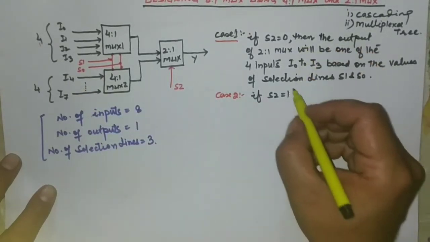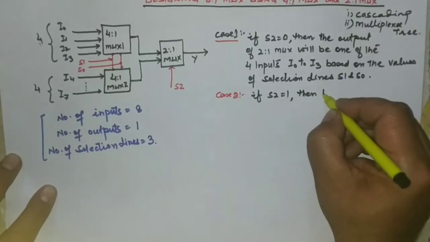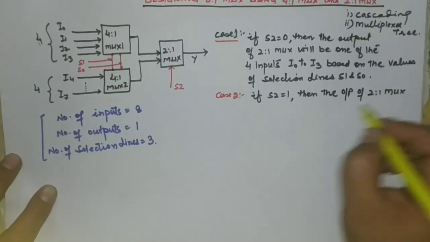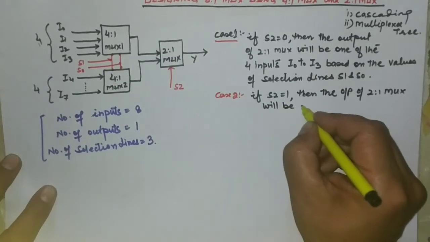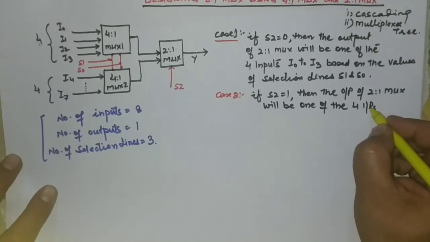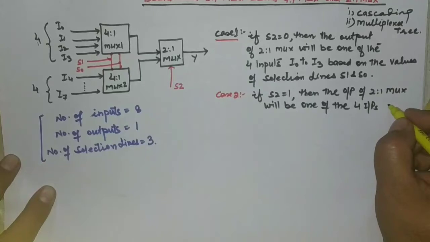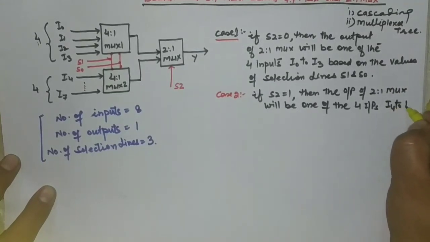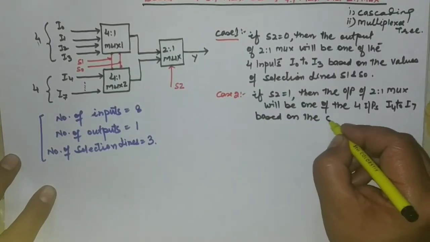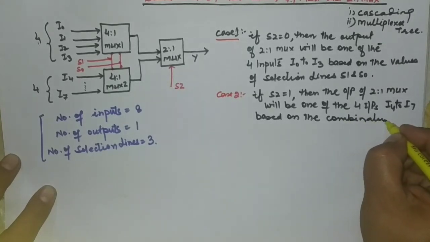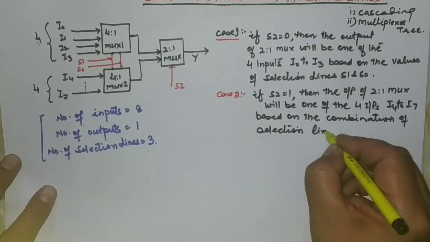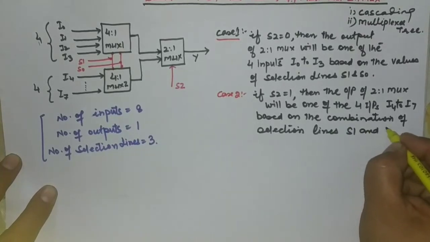So if S2 is equal to 1, then same wording, the output of the 2 to 1 mux will be one of the 4 inputs I4 to I7 based on the combination of selection lines S1 and S0.